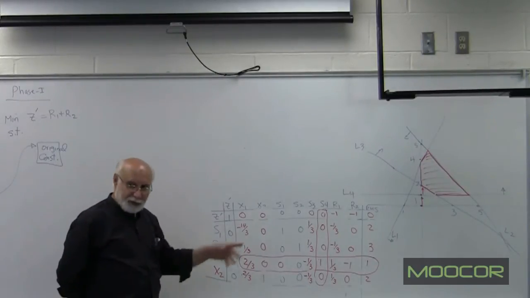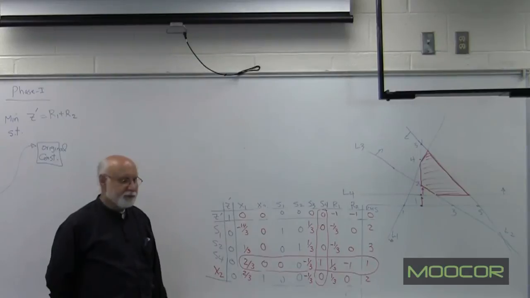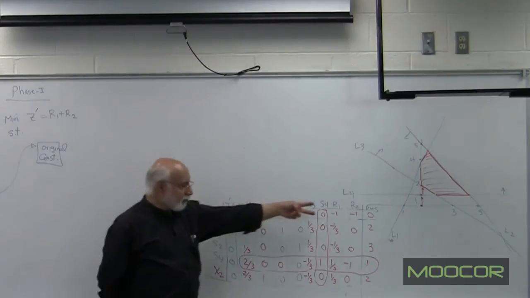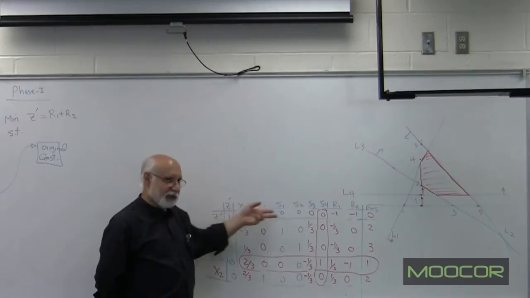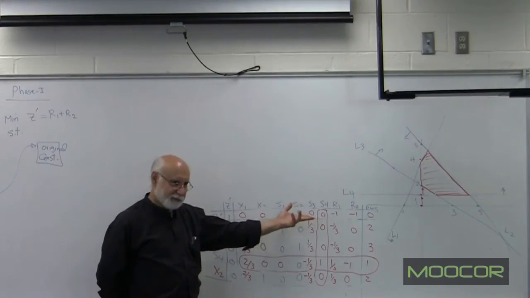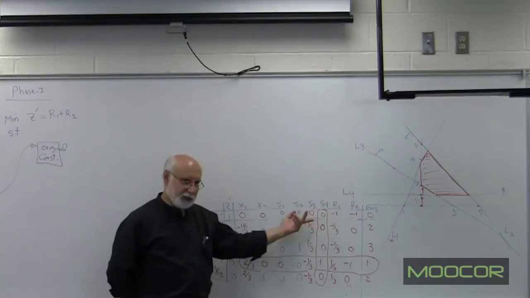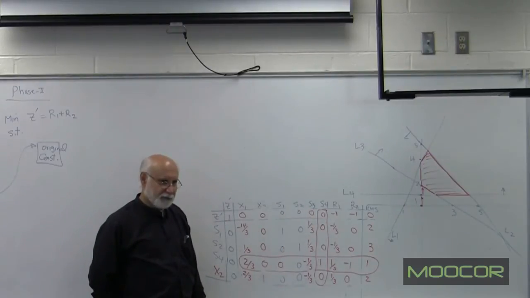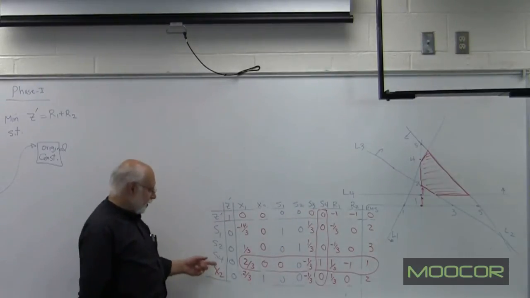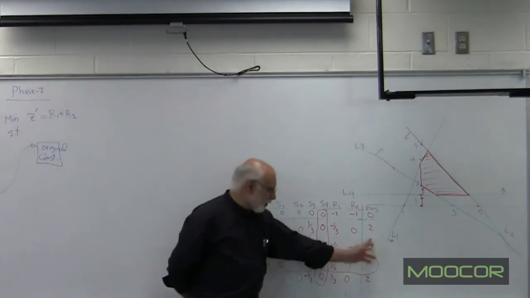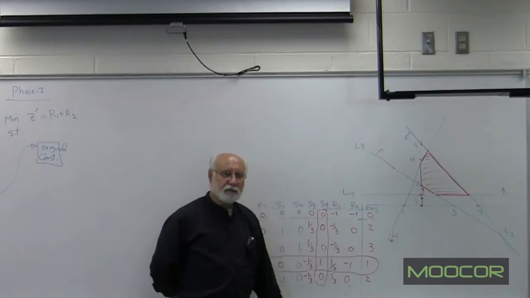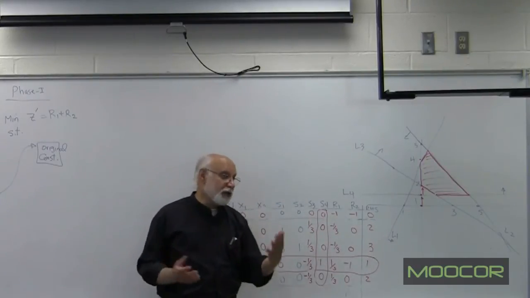Now, a question right here. If you ended up with everything in here to be negative, like this case, but you still have r's in here with values other than 0, what would you do at that point?